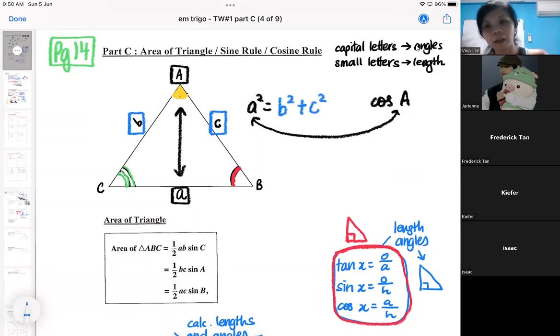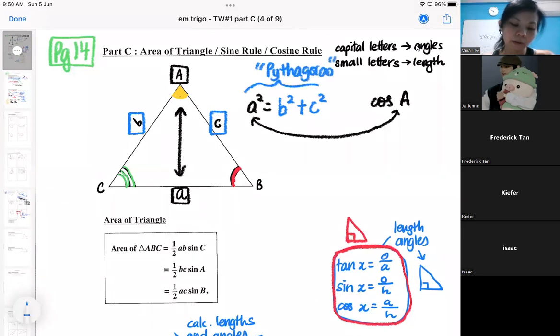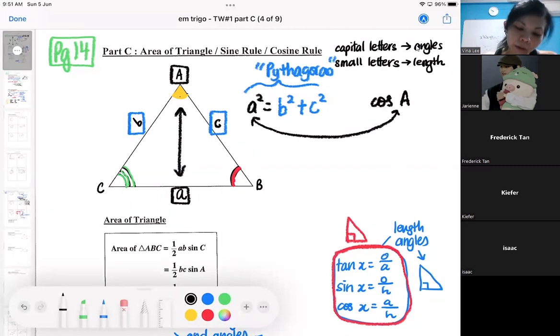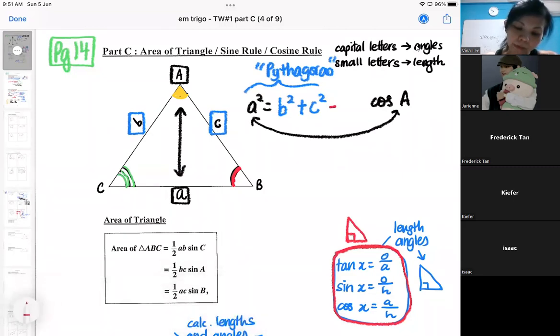Why do I call it a fake Pythagoras theorem? Because it is not a right angle triangle, but it looks a bit like Pythagoras. You subtract 2BC bracket cosine A. So you form an arrow and then you have a fake Pythagoras in between.